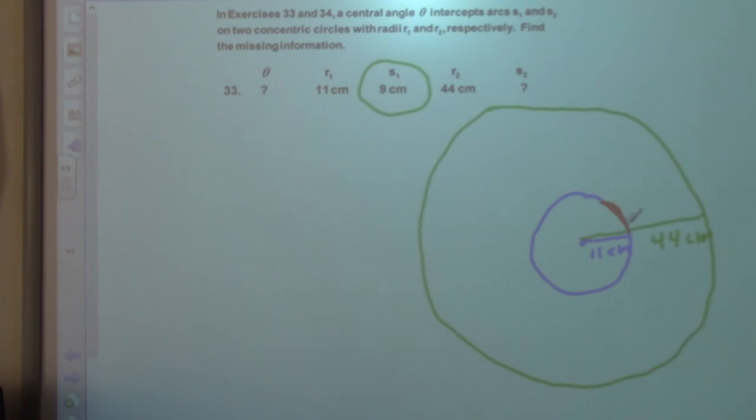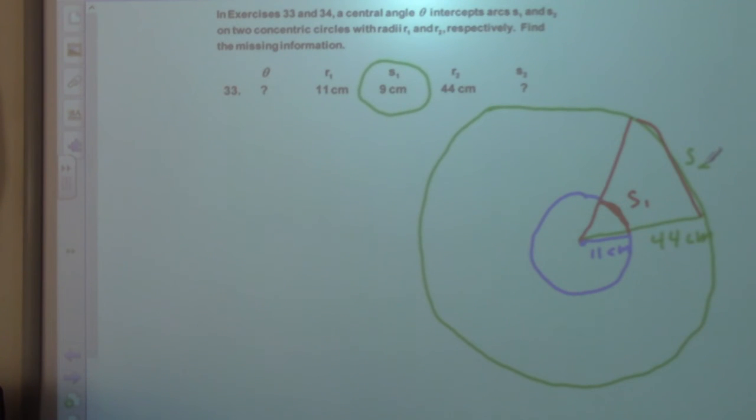So this right here, I'm going to call it s1. So there's your s1, and the angle that s1 creates is this one right here. So this is our angle, this is our arc, and we're trying to find two things. We're trying to find s2. So here's s2 up here. We don't know what it is yet.